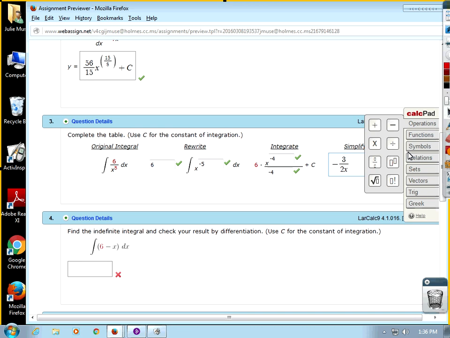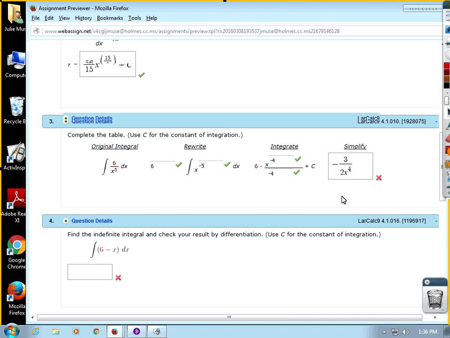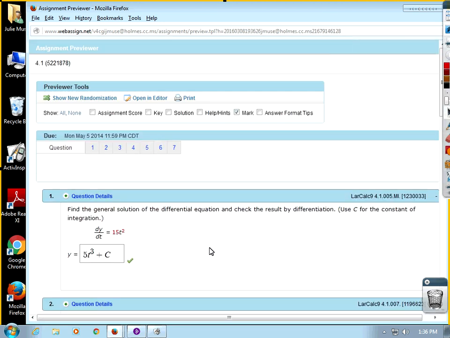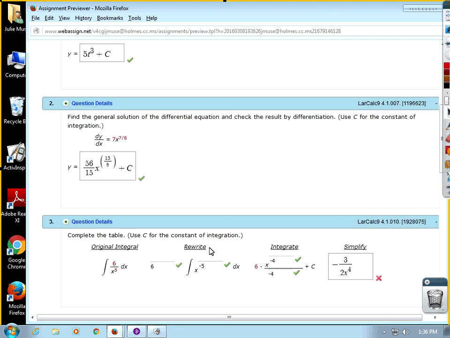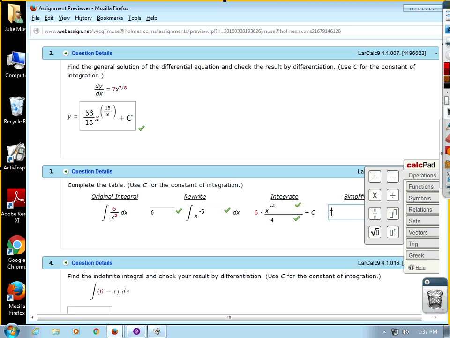Well, it would have if my 4 was an exponent. Okay, let's try that again. All right. Could have sworn I've already done that. Okay. I don't know what they're asking for here. Okay, let's try this again.